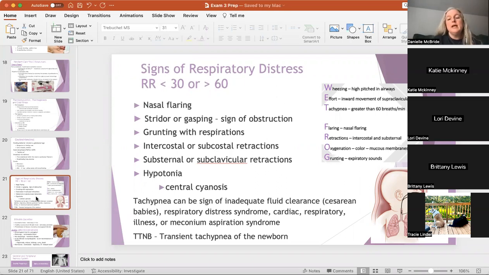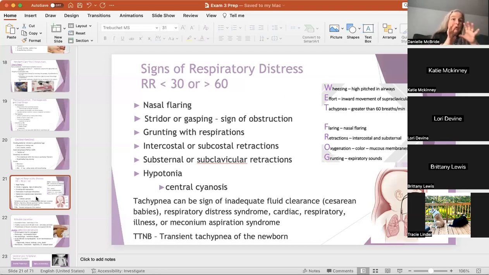And so tachypnea, or babies breathing more than 60 breaths per minute, can be something that we see for a few reasons. It is a sign of respiratory distress. Oftentimes this can be when we have an inadequate fluid clearance. So what does that mean? They didn't get squeezed enough going down the birth canal. Yeah. So remember, guys, that amniotic fluid has been hanging out in the alveoli through pregnancy.